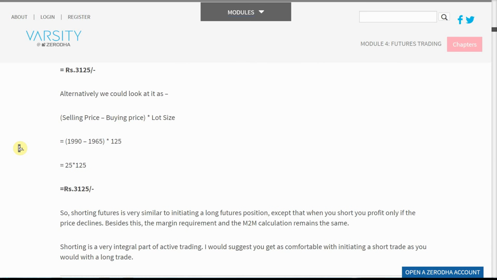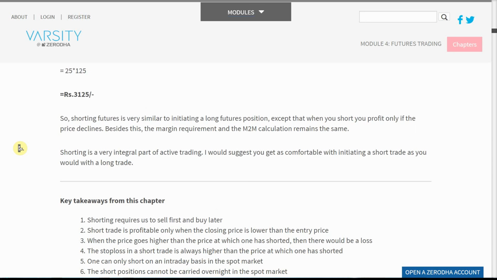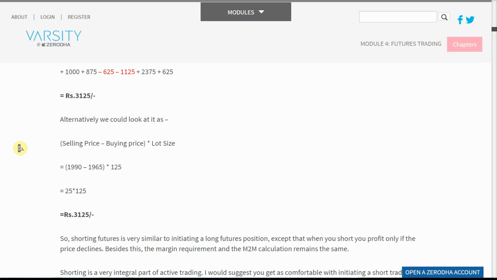Alternatively, we could look at it as (selling price - buying price) * lot size = (1990 - 1965) * 125 = 25 * 125 = 3,125 rupees per lot. So, shorting futures is very similar to initiating a long futures position, except that when you short you profit only if the price declines. Besides this, the margin requirement and the M2M calculation remain the same.